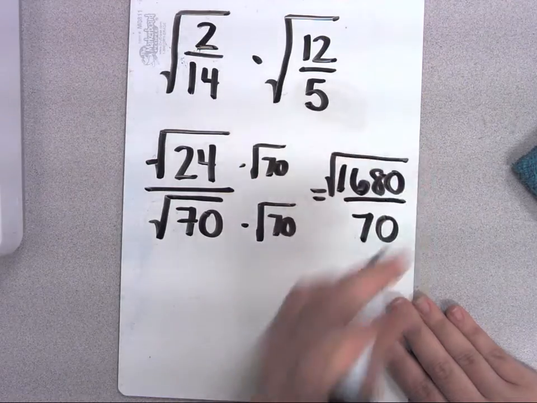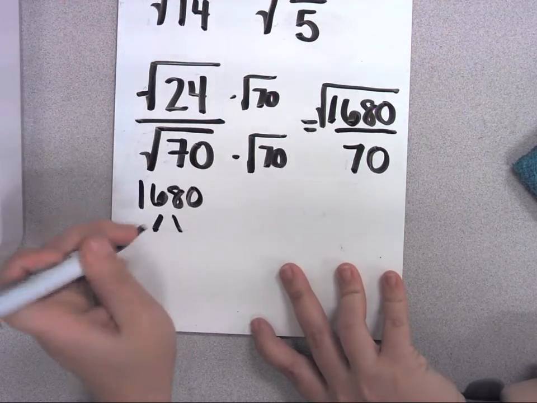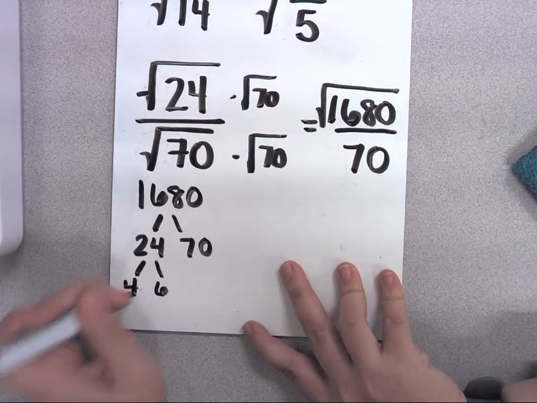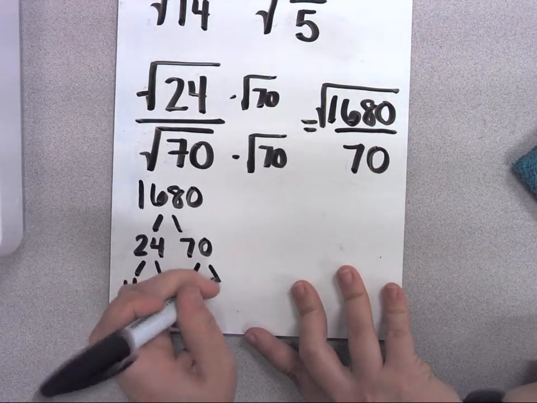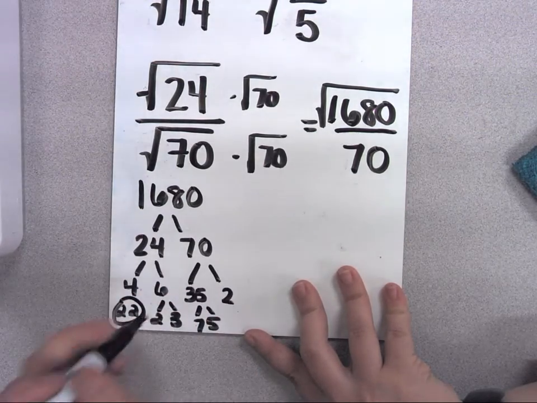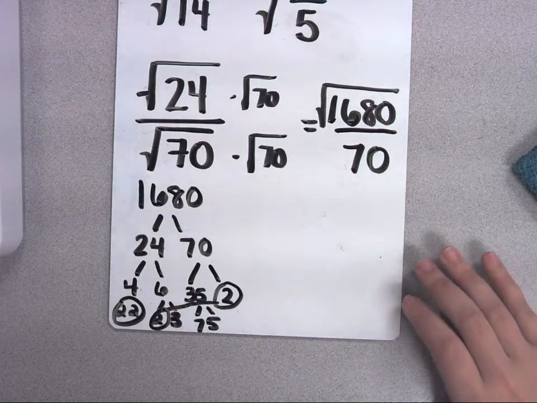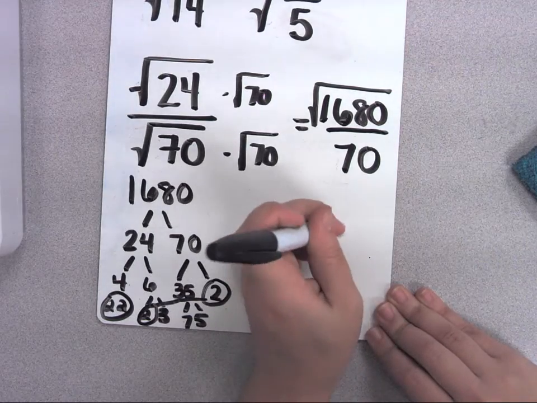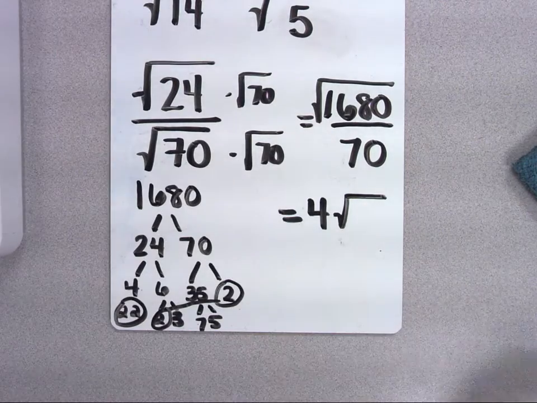Chewy. See, and this is why I like the factor tree method. I'm not doing that.